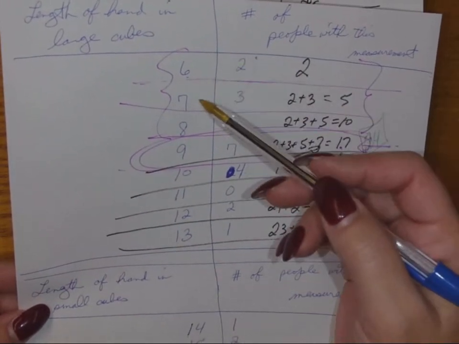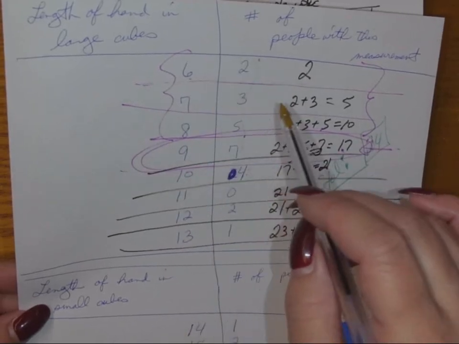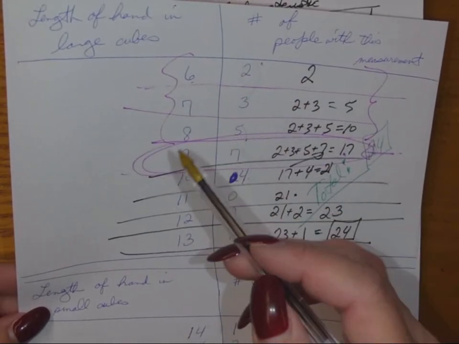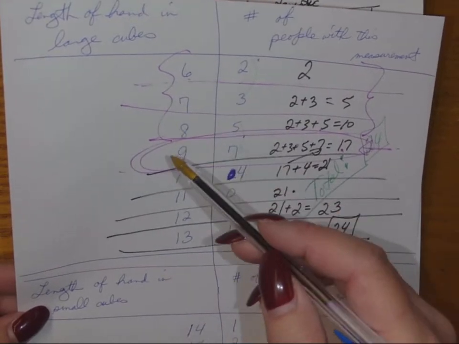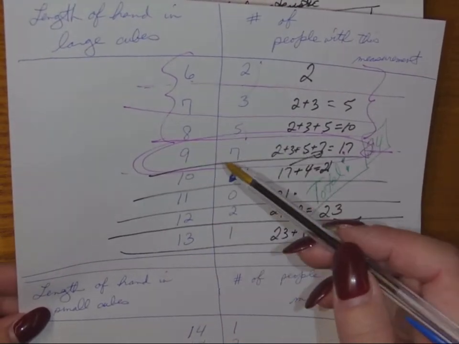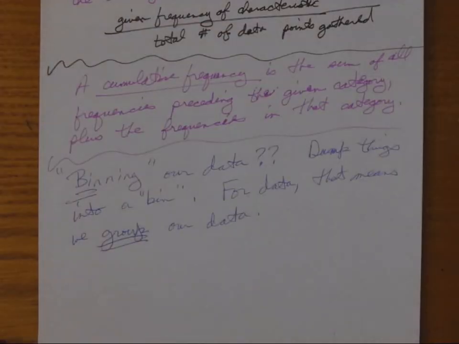People with 6 or 7, so I could have one group that had 6 to 7 in it, and that would have had 5 people in it. I could have one group that's 8 to 9, and you guys have 8 to 9 cubes, so that's 5 plus 7, 12 of those. Okay, so I could have done that.